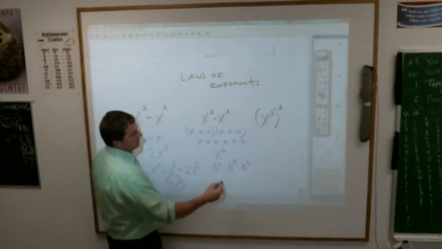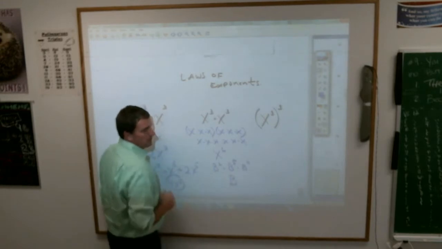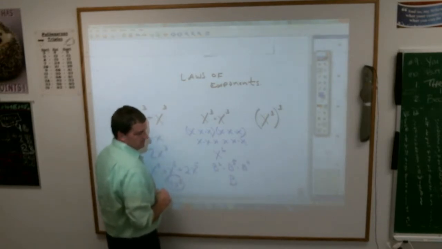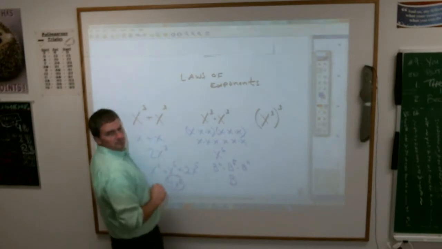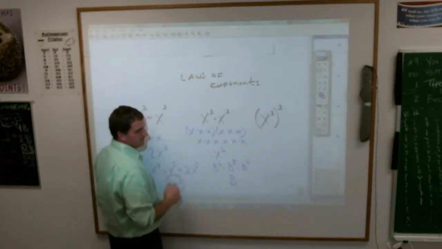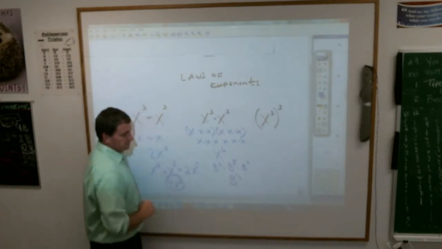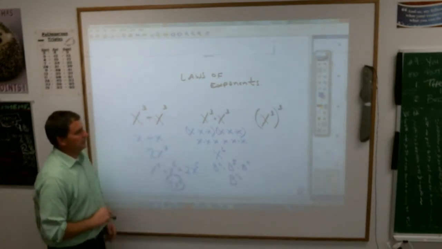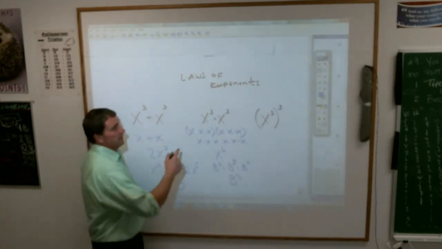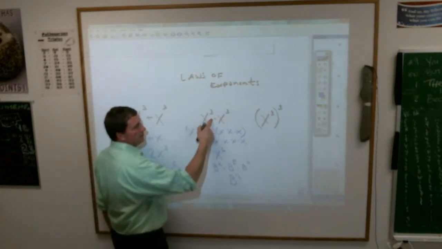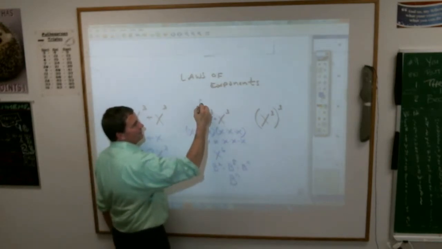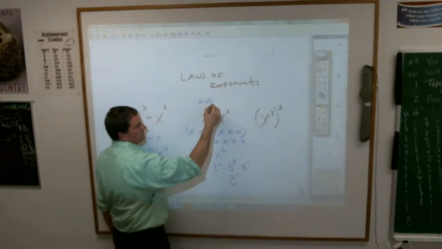Simplified, this is going to be b to the what power? 7. Did you say 7? You losing Cabran? B to the 11th power. So the rule is this. When you multiply two exponents together, in this case, you always add exponents.